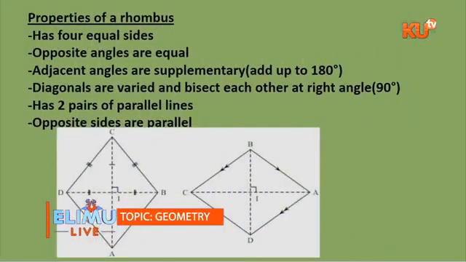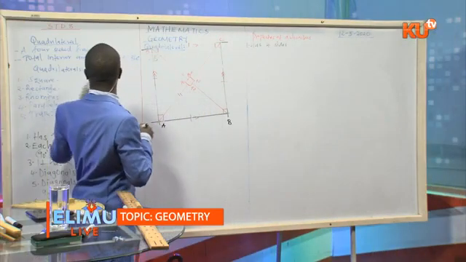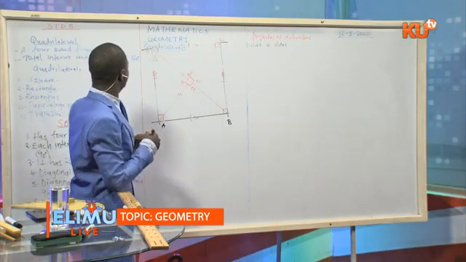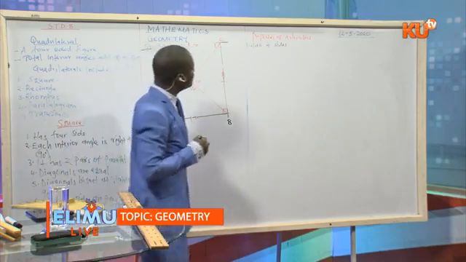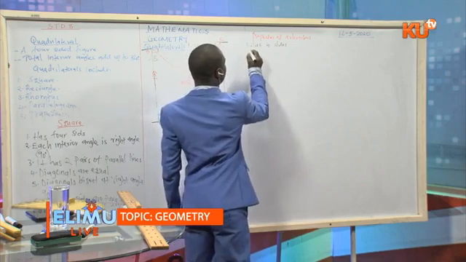Remember, I told you that all quadrilaterals always have two things in common: they have 4 sides, and at the same time the interior angles add up to 360 degrees. So the first property of a rhombus is that it has 4 sides.